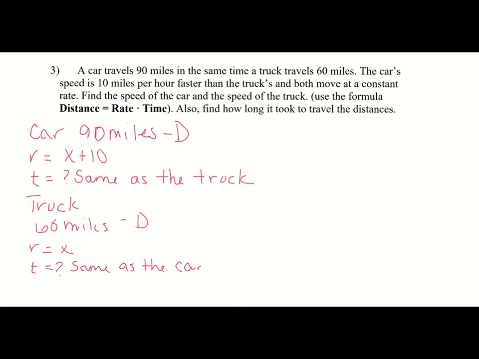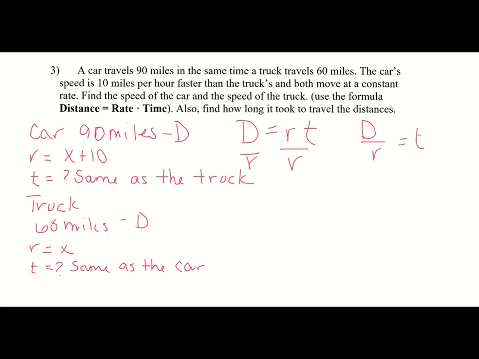And we're also looking for the speed, so we solve for x. Instead of working with our formula distance equals rate times time, let's solve our formula to find the time, because we know the time is the same for both. So if I do that, I'm going to divide both sides by r. So we're going to deal with distance divided by rate equals time.